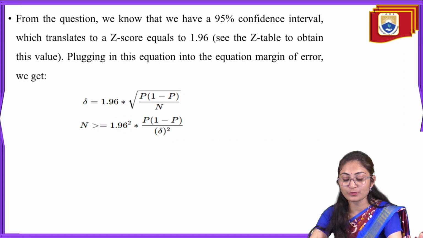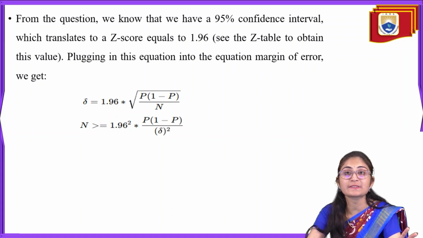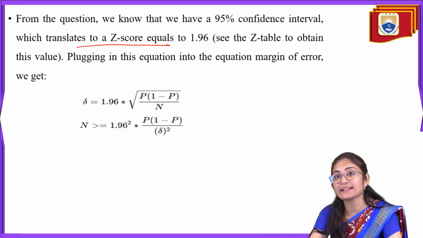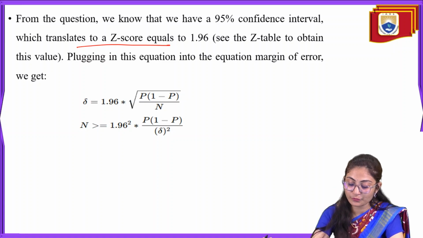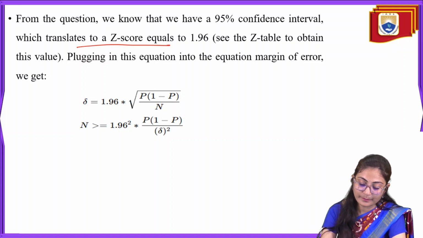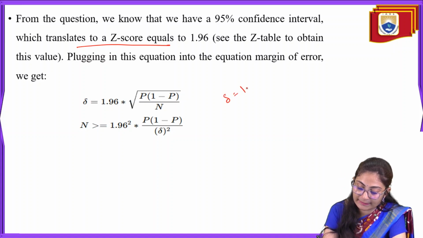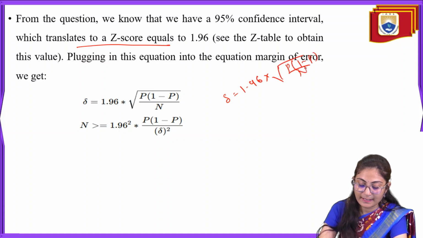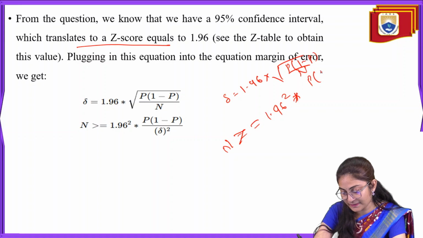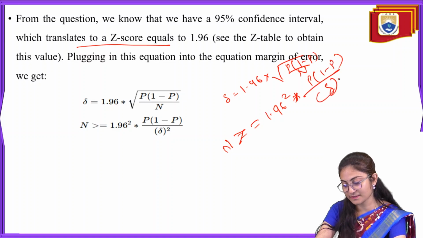Through the question we know the 95% confidence interval, which translates to a z score of 1.96. So plugging this in, that means 1.96 into root of p(1 minus p) divided by n, and you will get n is greater than or equal to 1.96 square into p(1 minus p) divided by delta square.